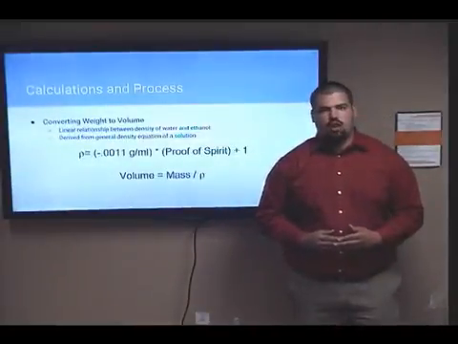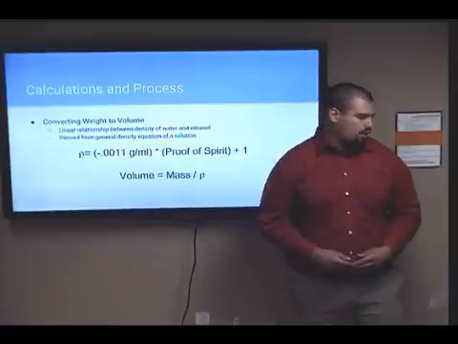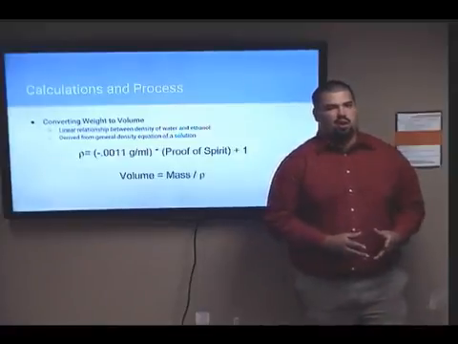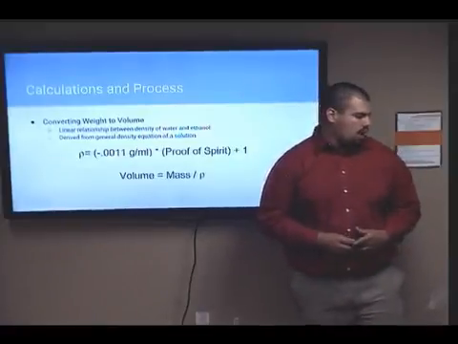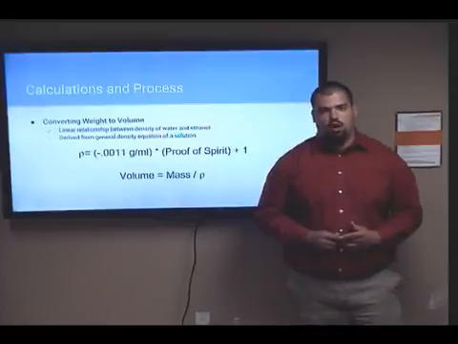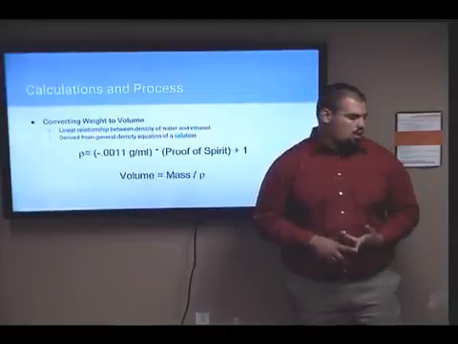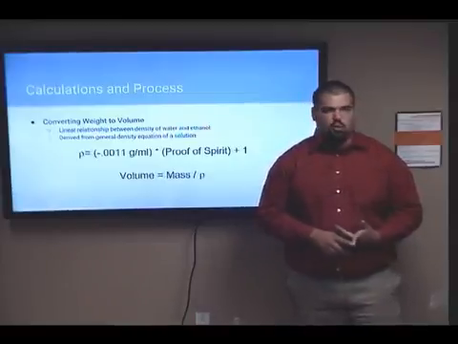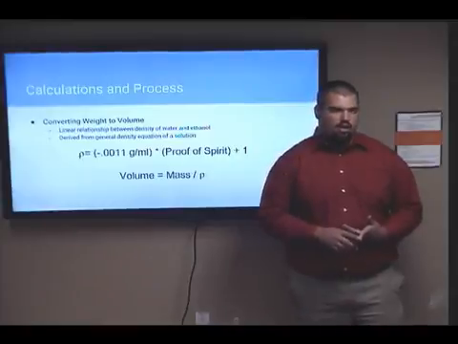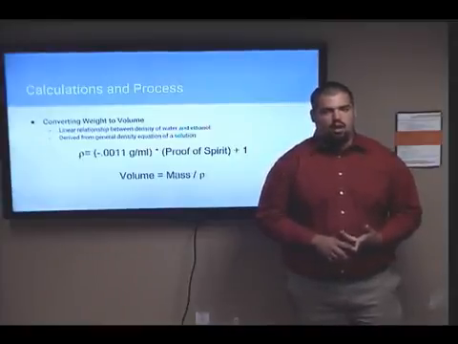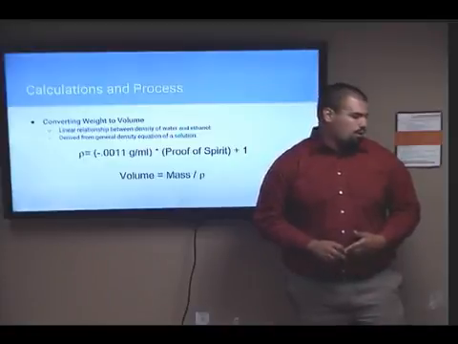So now we have the true proof of our spirits, we want to convert the weight of spirit A into a volume. To do that, we found the density of our solutions, and we found that density, as given to us by the general density equation of a solution, is a linear relationship between water and ethanol in this case. The density of ethanol is 0.789 grams per milliliter, and the density of water is 1 gram per milliliter.